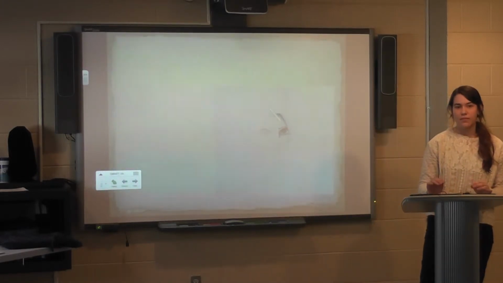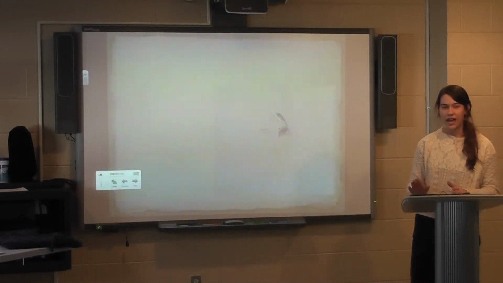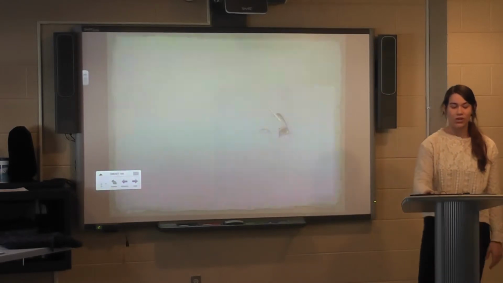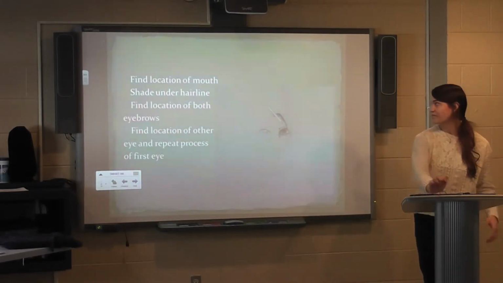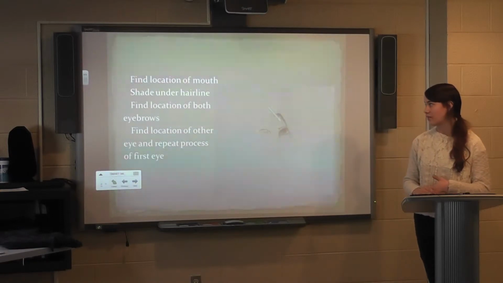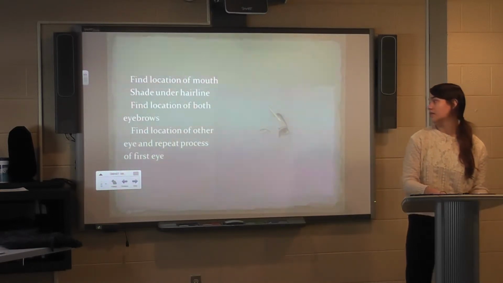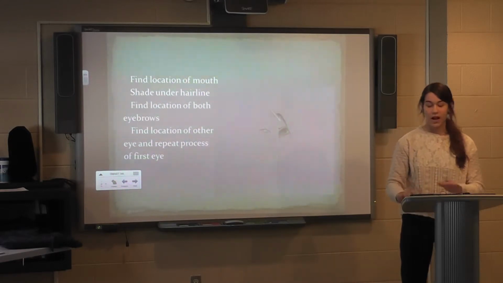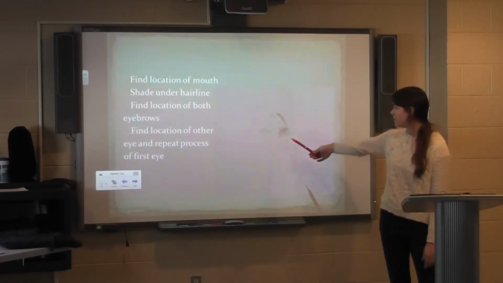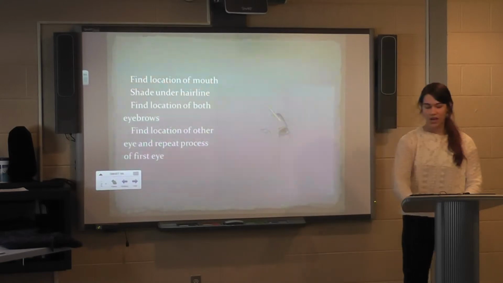If you get the eyebrows on the wrong angle, they will look angry, happy, sad, or like a completely different person. You're going to find the location of the mouth, shade under the hairline, find the locations of both eyebrows, and the location of the other eye, once again measuring from this first eye. Then repeat the detailing process.